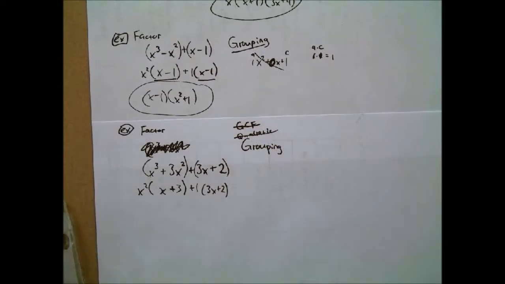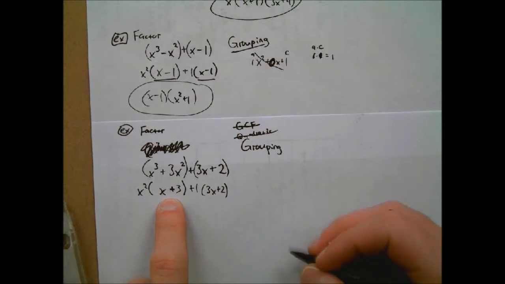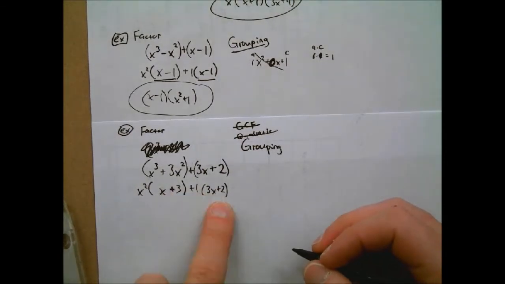Braylon, was our factor by grouping successful? Can we continue to factor? No. What's the problem that we ran into here? Our leftover here is x plus 3. What's our leftover here? Are they the same? No. So we can't factor that out.